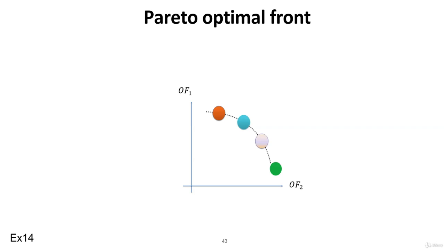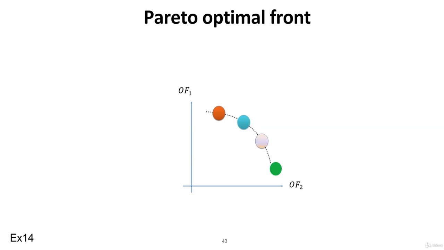So we had one objective function that we wanted to minimize or maximize and find the optimal decision variables. As you can see on this plot, suppose we want to maximize two different objective functions simultaneously, and there are some solutions found, as you can see on this graph.